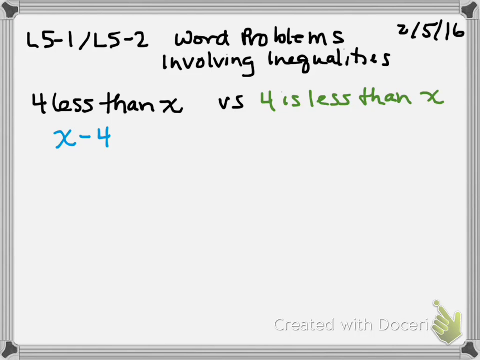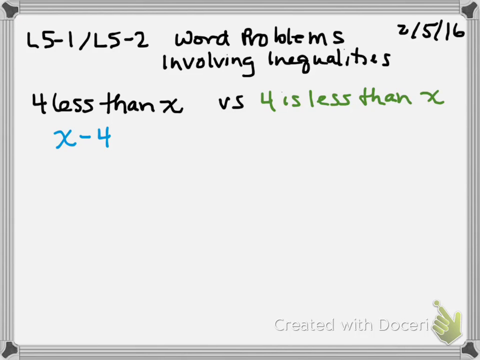So Caitlin realized not only does less than mean subtraction, but it also is a switcher phrase, and I need to turn around what I have. Okay. The reason why it's just an expression is because there was no verb in that sentence. It's just a phrase. There's no verb, and the verb usually plays the role of the equal sign, so we couldn't do anything with that.